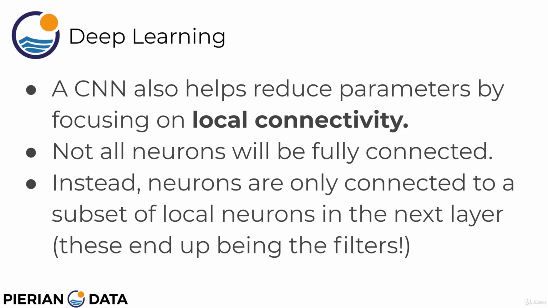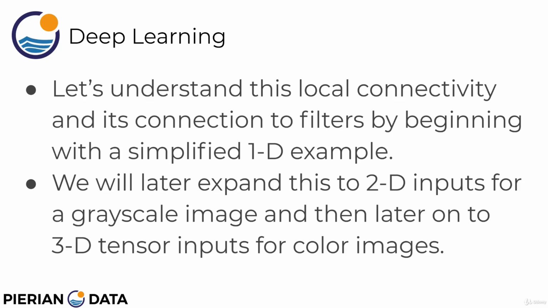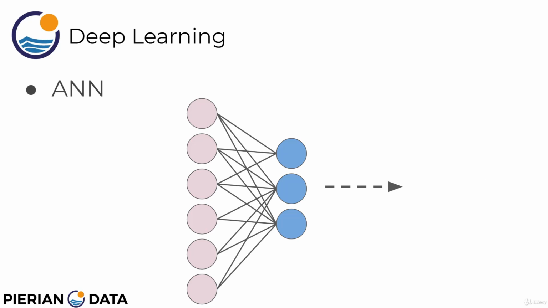So let's understand this local connectivity and its connection to filters by beginning with a very simplified one-dimensional example. Later on, we'll expand this to two-dimensional inputs for a grayscale image, and then to a three-dimensional tensor input for a color image. So here we have just a normal artificial neural network.